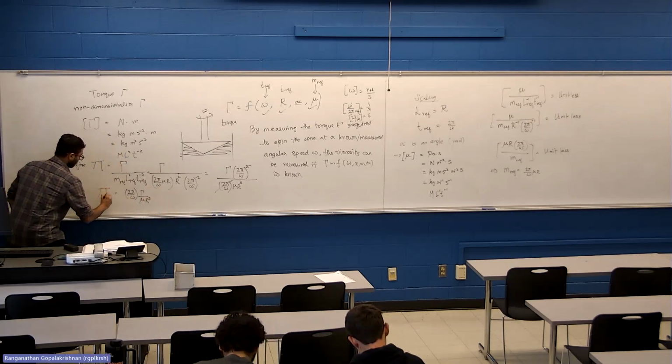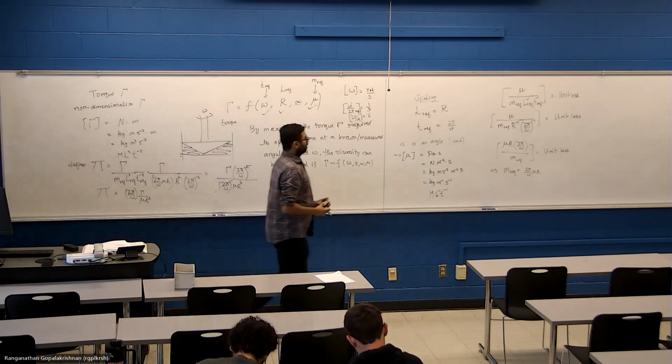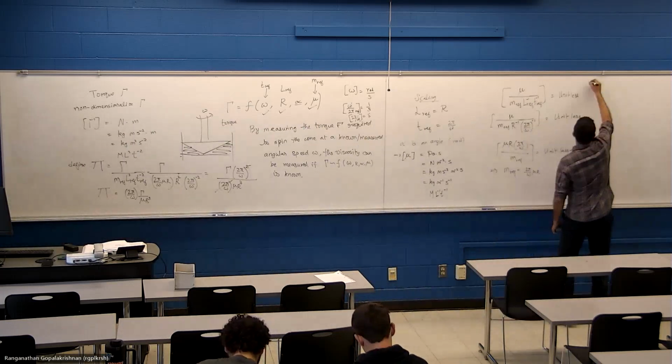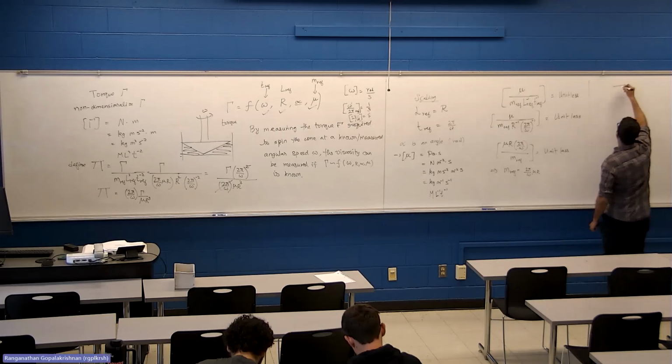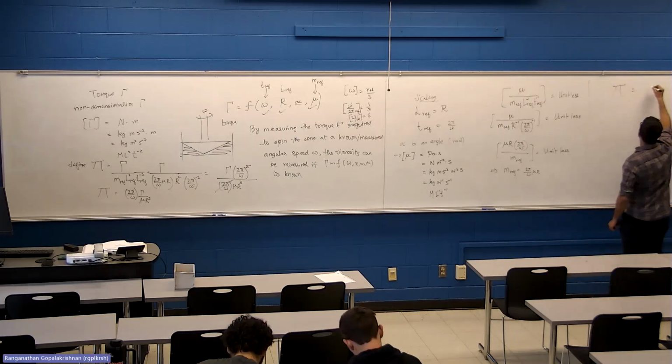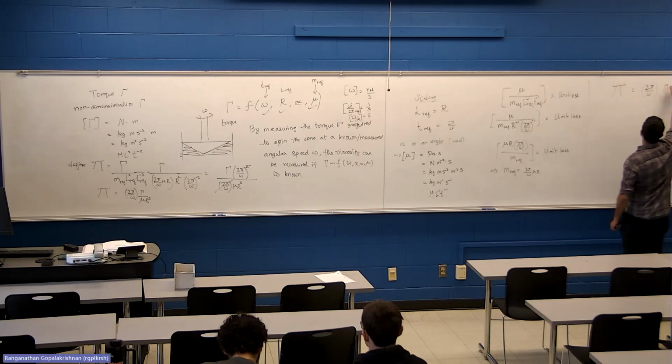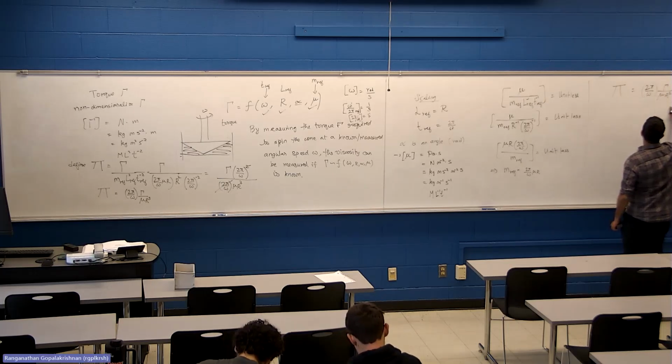This is pi. Pi equals 2 pi over omega times gamma divided by mu r cubed.